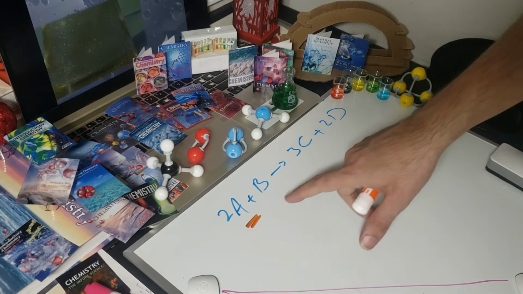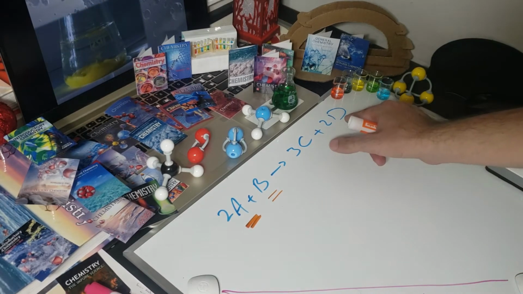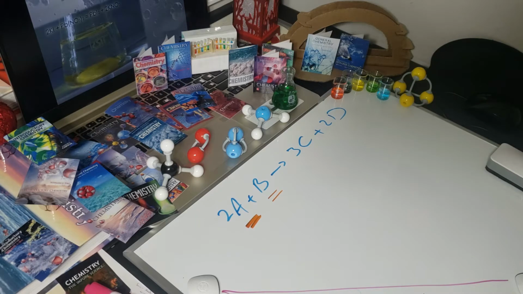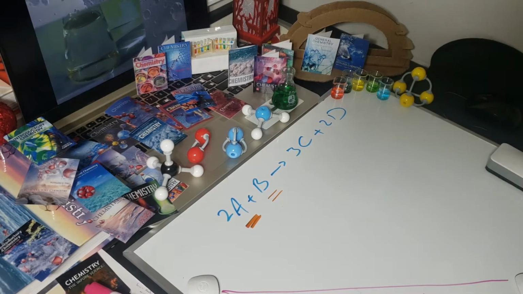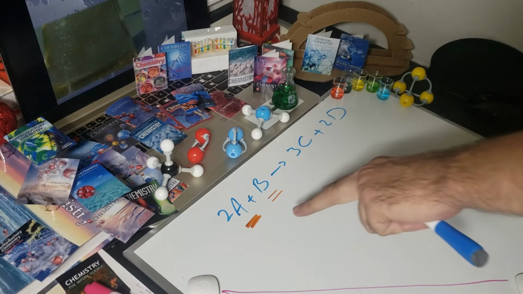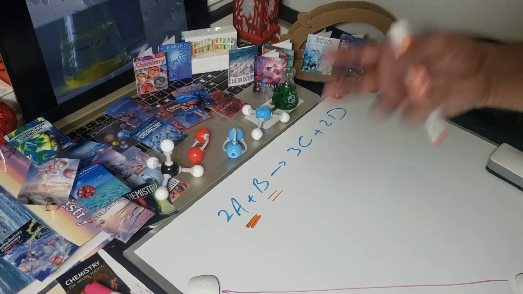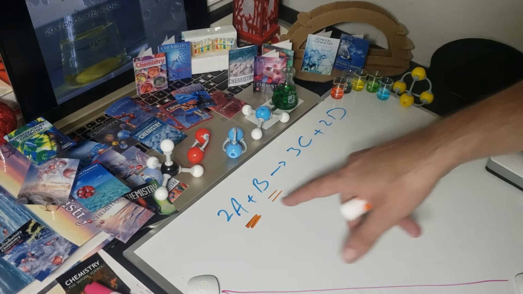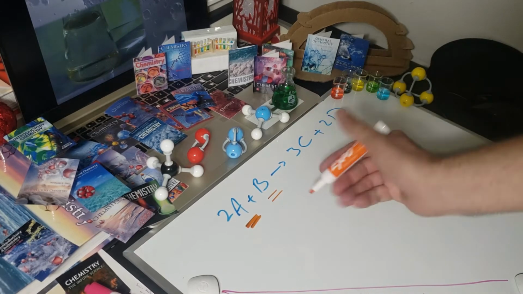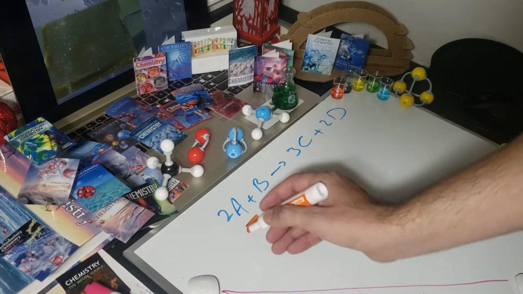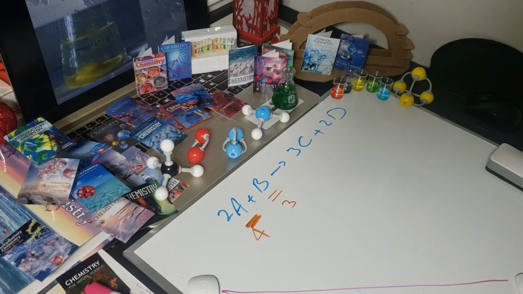Okay, what if a problem gives me two of the reactants and wants to ask me how much of C or D is going to be produced? Now, if you have two of the reactants provided for you, the problem is called a limiting reactant problem. It is just like when you bake a cake: if you need 2 eggs and 1 cup of milk, and let's say you have 3 cups of milk and 4 eggs, one of them is going to be a little bit extra.